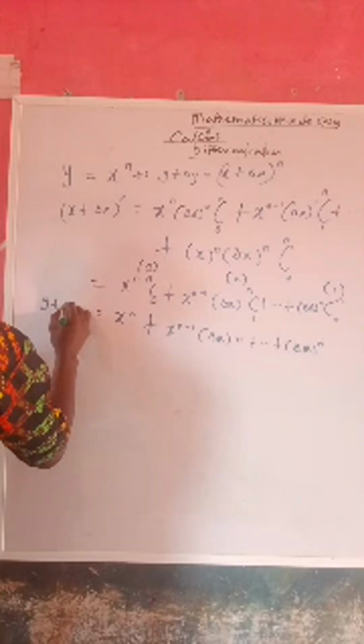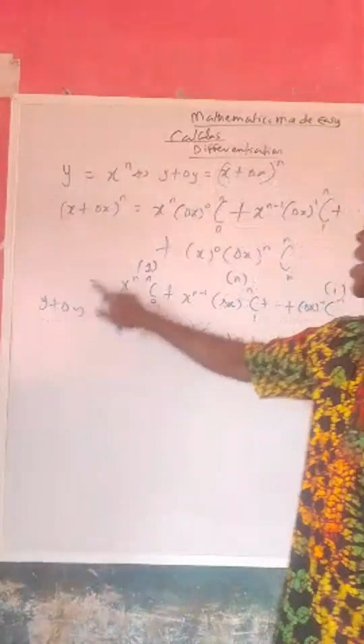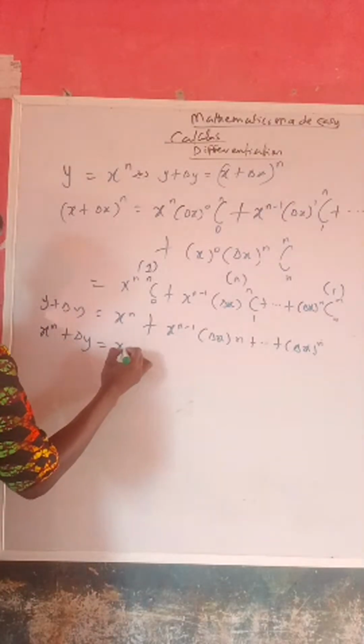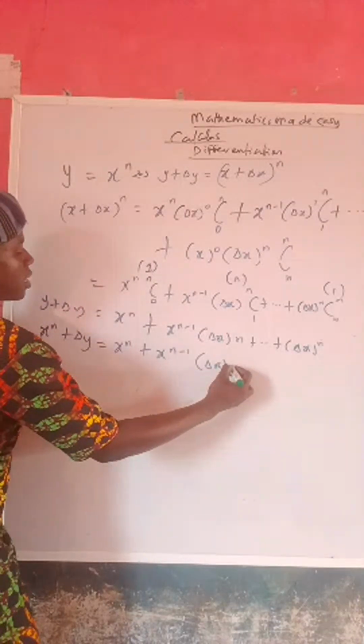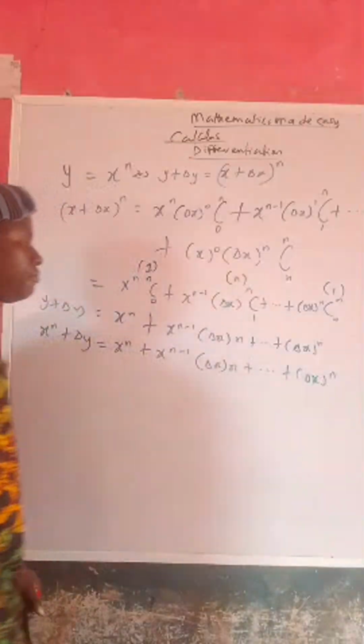Y plus change in y is equal to this. Remember that y is what? X raised to the power of n. Okay, so we are going to have x raised to the power of n plus increase in y equals x raised to the power of n plus x raised to the power of n minus 1 multiplied by increase in x multiplied by n plus up to increase in x raised to the power of n.